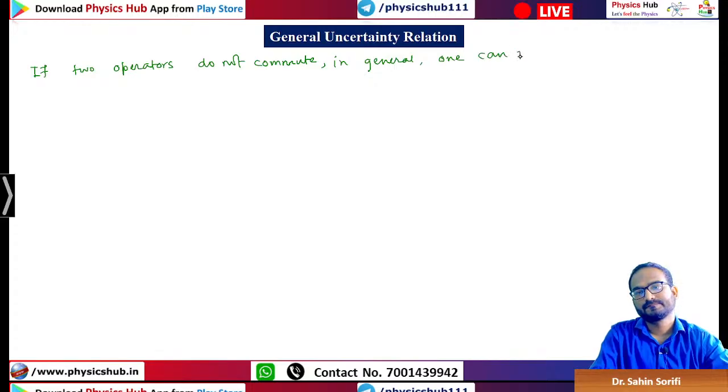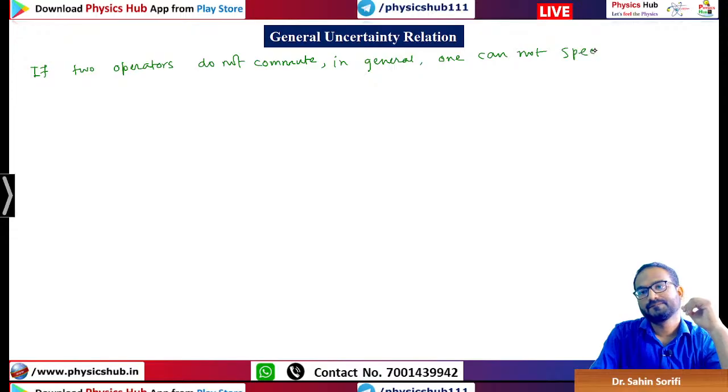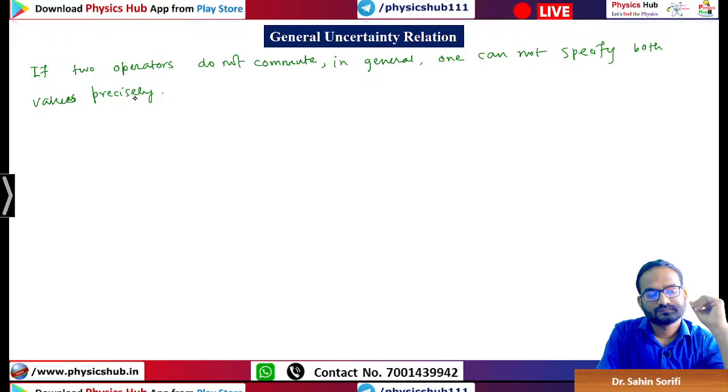So if two variables or two operators do not commute, in general one cannot specify both values precisely.